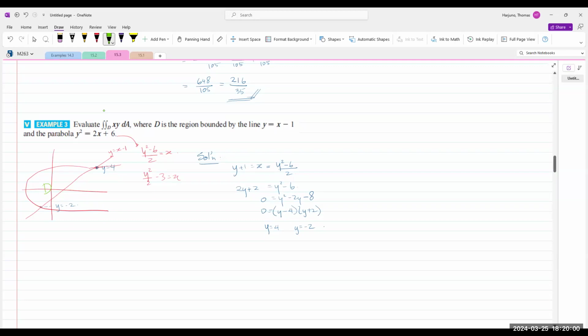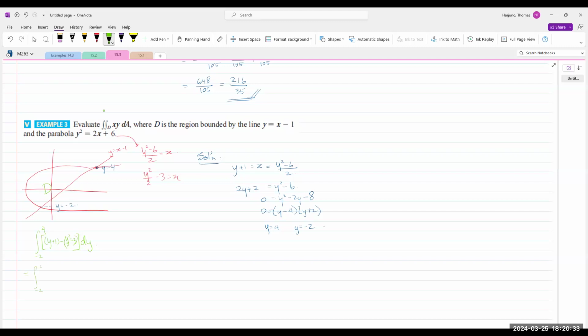Okay, so the area of that D is integral from negative 2 to 4 for dy of the function on the top, y plus 1, the function at the bottom, y squared over 2 minus 3. Okay, now do not combine like terms though. You need to rewrite this into a double integral right away.